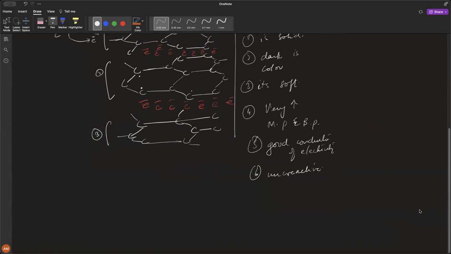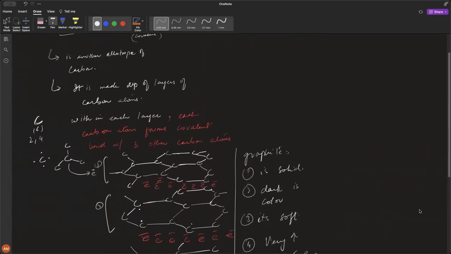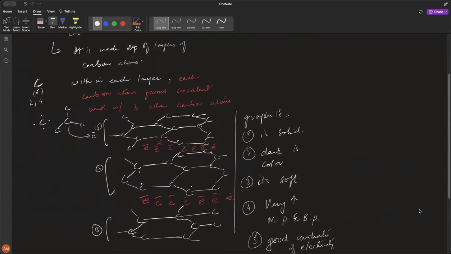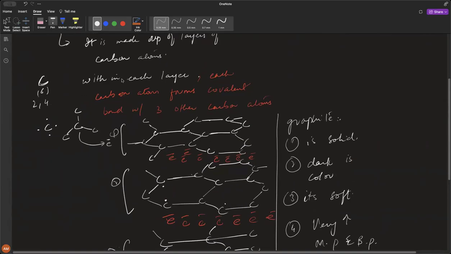All right. So when we were discussing the structure, let's complete that part. We were writing that it's made up of layers of carbon. Within each layer, each carbon atom forms a covalent bond with three other carbon atoms, right? We wrote up till here, three other carbon atoms.